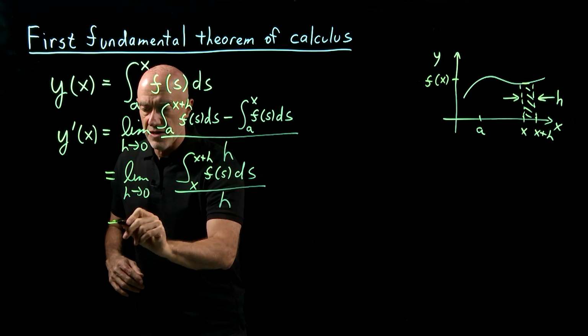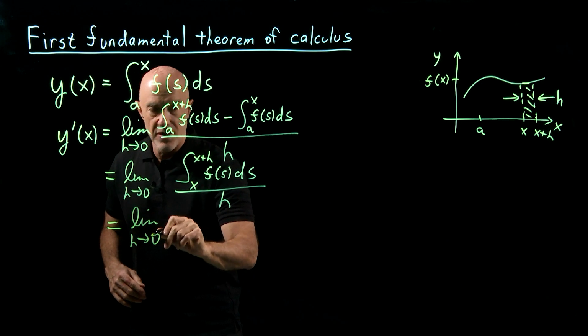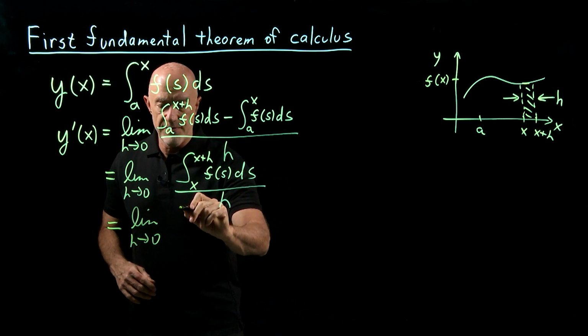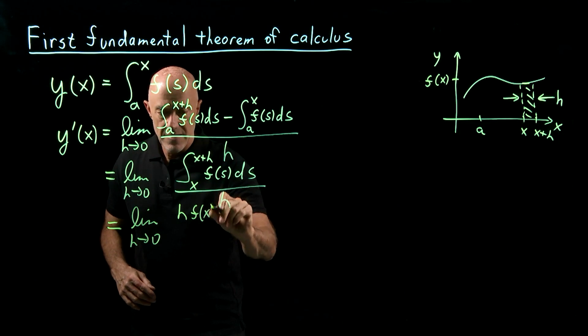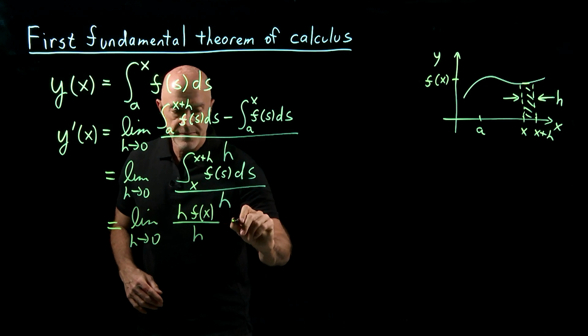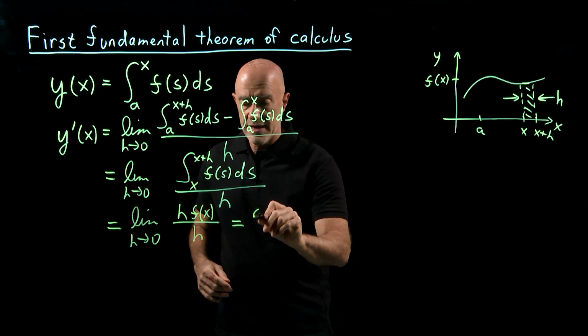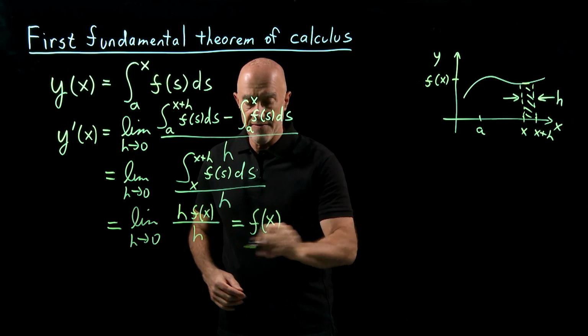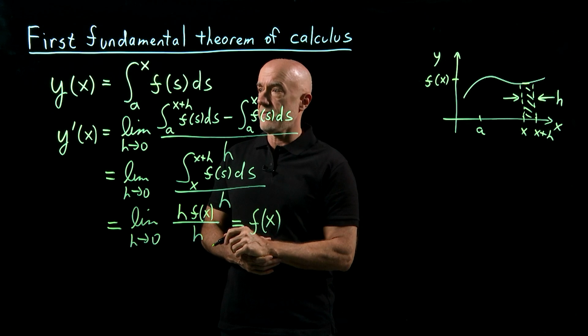So this is well approximated by the limit as h goes to 0 of the area of the rectangle, h times f of x, divided by h. The h cancels, so then we can take the limit, and that's equal to f of x. That's the fundamental theorem.